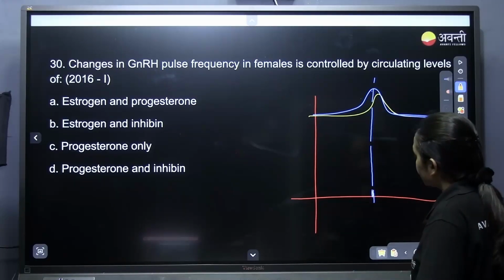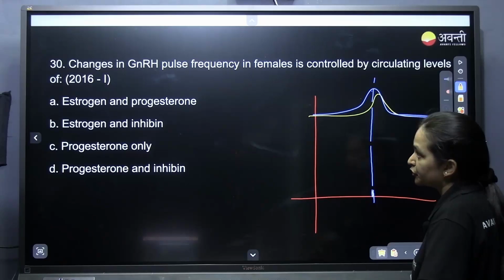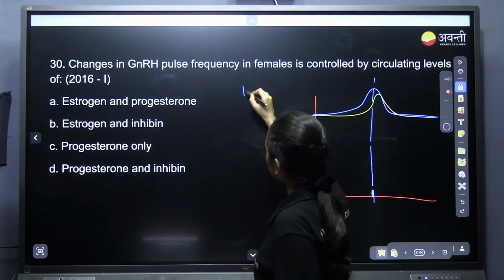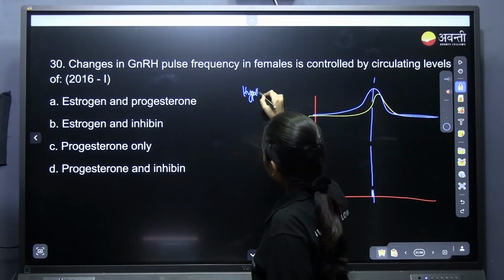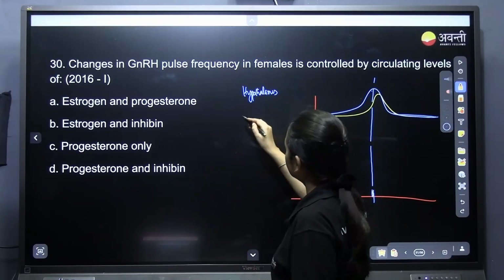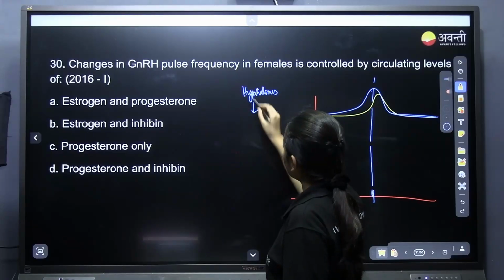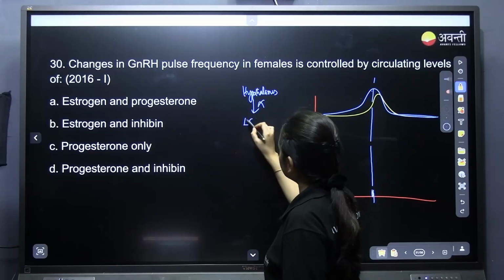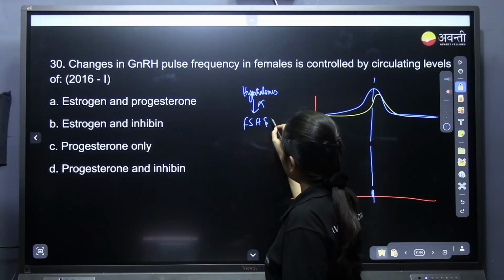Here this gives the indication to gonadotropin releasing hormone, which is from the hypothalamus, to stop producing FSH and LH.